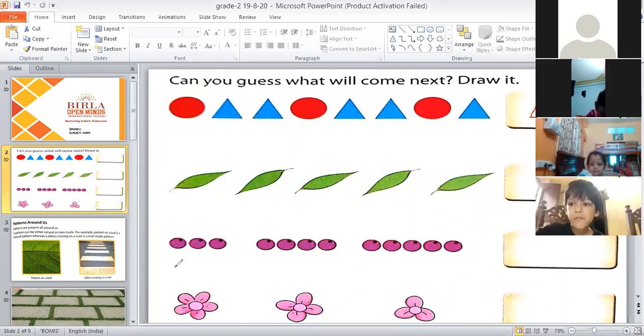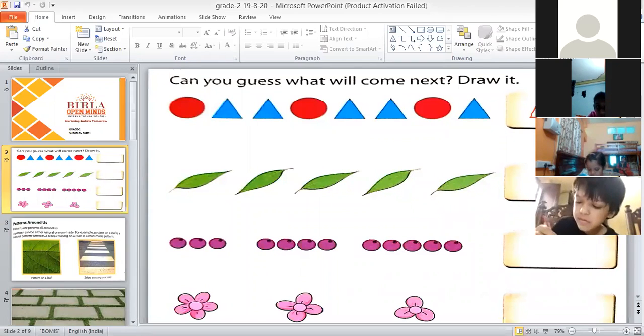Down, ma'am. Down, yes. See here, children, you have to look at the pattern very carefully and then you have to tell. That's correct, Adya. See here, this leaf was upside, then the next one down, then the third one upside, then down, then up. Then again it should be downside. So here you have to draw a leaf.